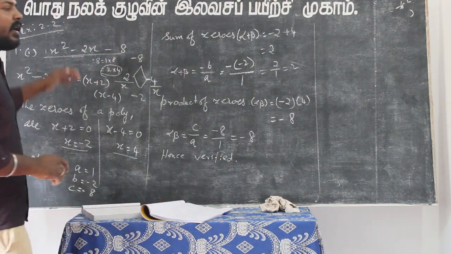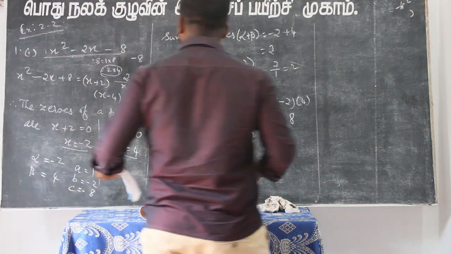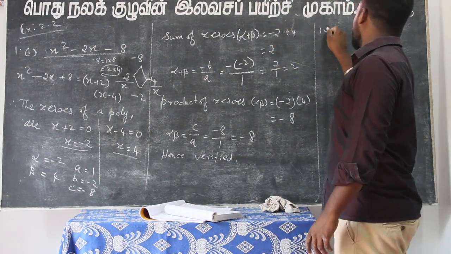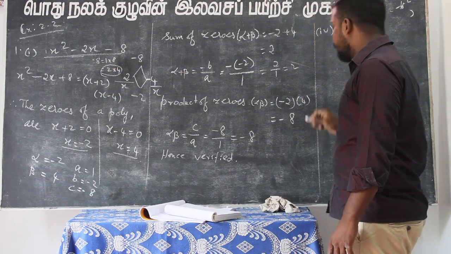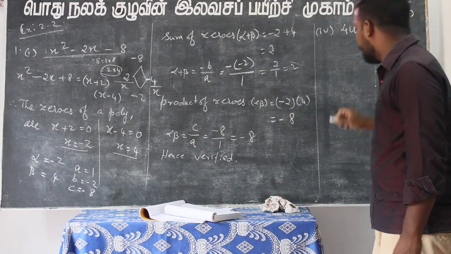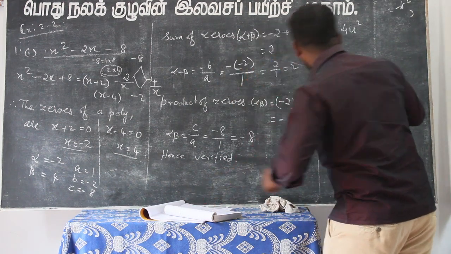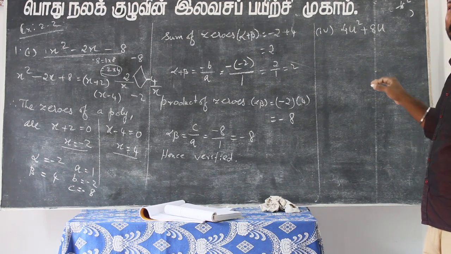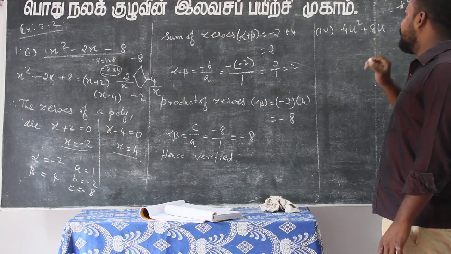In the same way, we are going to solve the other problems. What about the fourth one? In the fourth one, they have given 4u square plus 8u. We want to find the zeros first. How can we find the zeros?